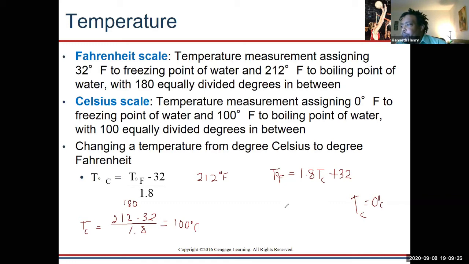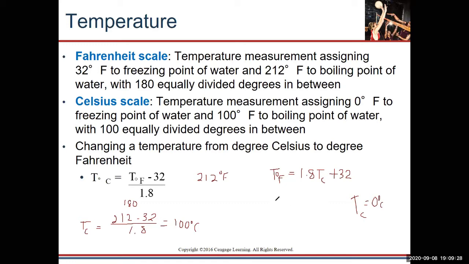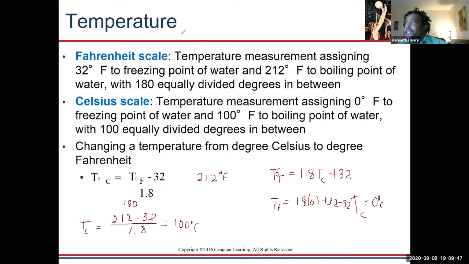So then what should our Fahrenheit be? 32. Piece of cake? Yes. Okay, great.